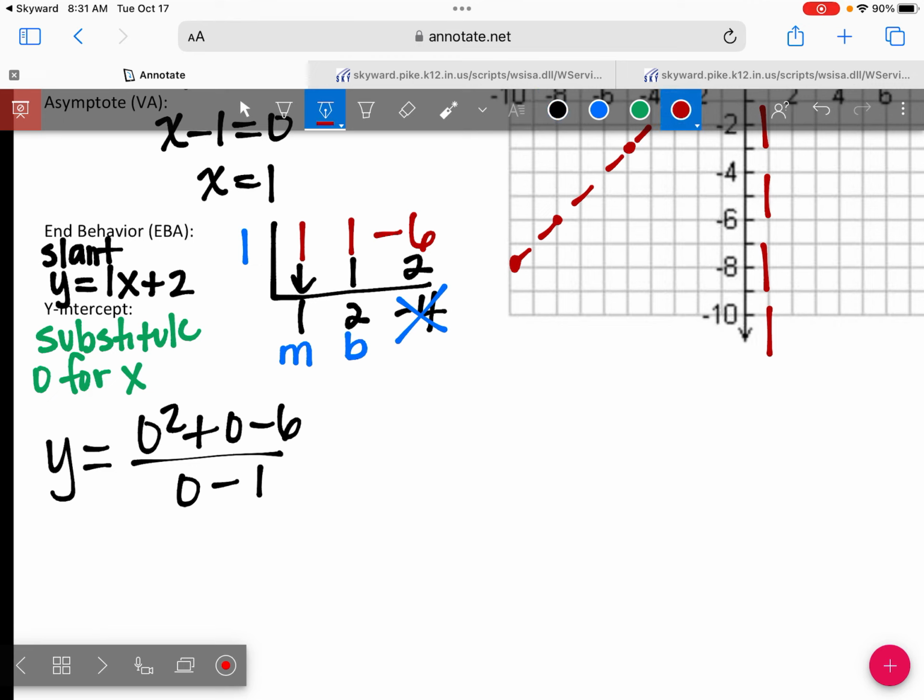So that's how you find the y-intercept. And you should get 0.6, but you can go ahead and make sure that's what you got.